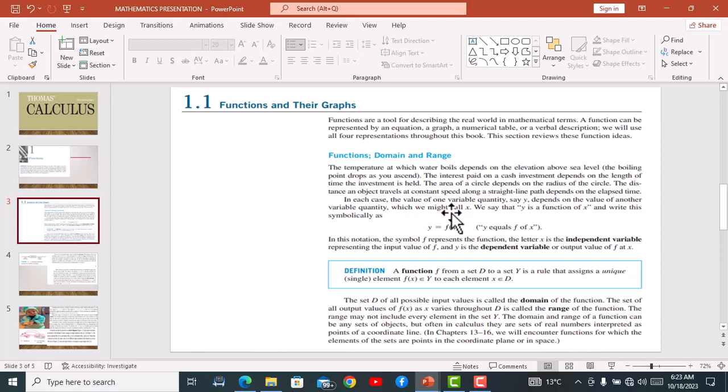Very important. We say that y is a function of x. So y is a function of x simply means that there's a relationship between x and y, and the value of y depends so much on, or functions as a result of, the value of x.